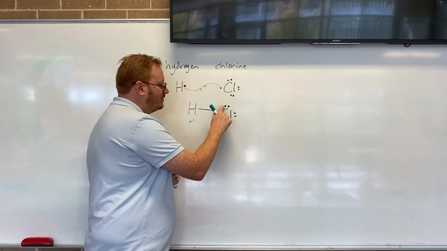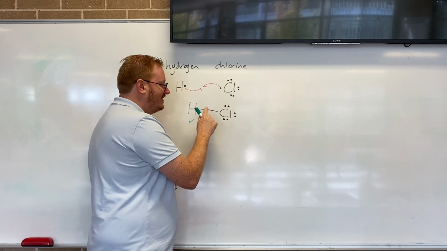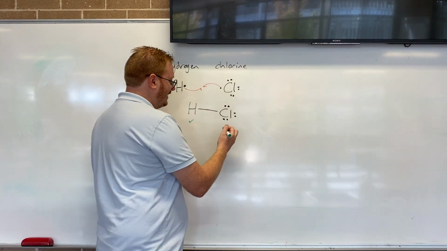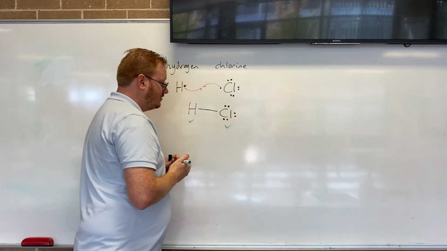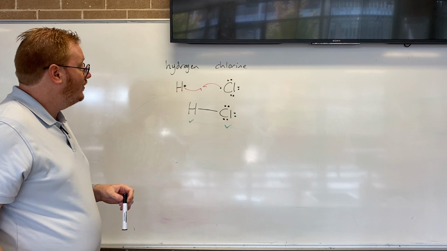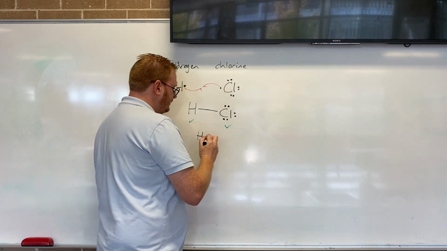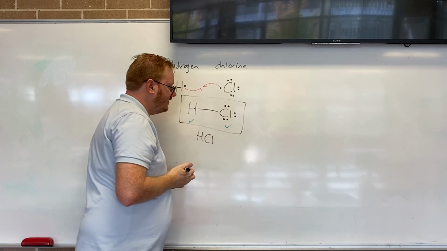Chlorine here has 1, 2, 3, 4, 5, 6, 7, 8 that exist in that bond. It needs 8 valence electrons to complete its valence shell. It's all good. So the formula for hydrogen chloride is HCl. And here is the electron dot diagram for HCl.